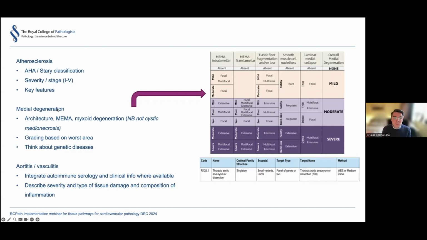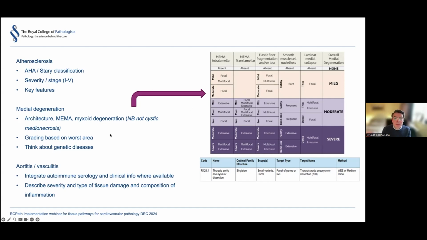In terms of medial degeneration, this is the grading scheme that is recommended by the AECVP. So it is a grading scheme that incorporates different parameters, including the architecture of the vessel, the presence or the loss really of smooth muscle cell nuclei, the presence and the extent of mucoid extracellular matrix accumulation, and the presence of laminar medial collapse.